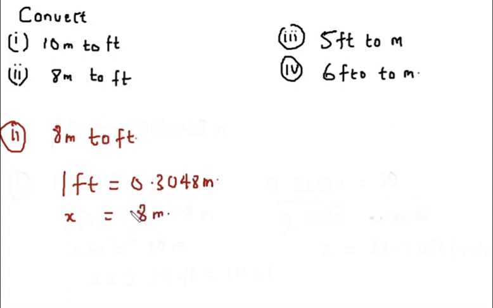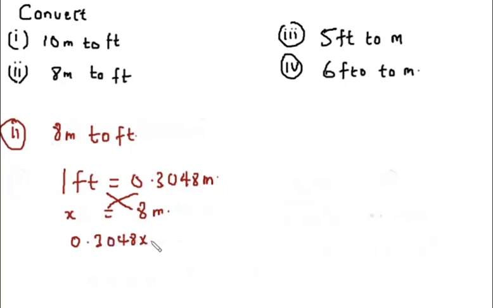So cross multiply from here. Cross multiplying, you have 0.3048x is equal to 8 times 1.